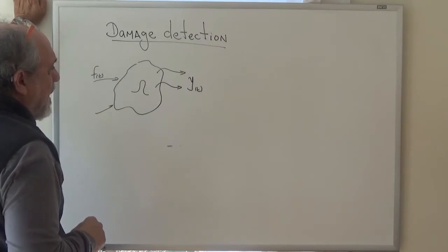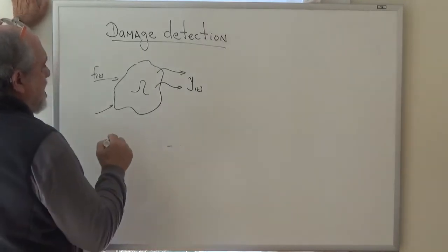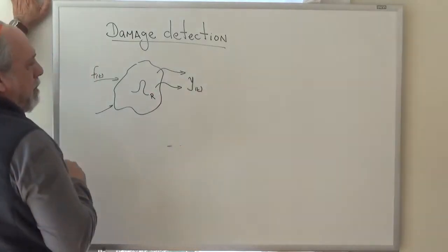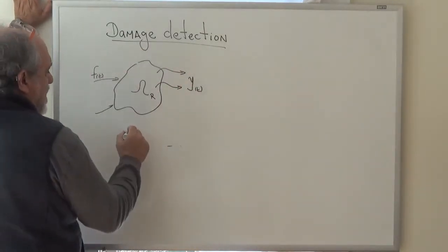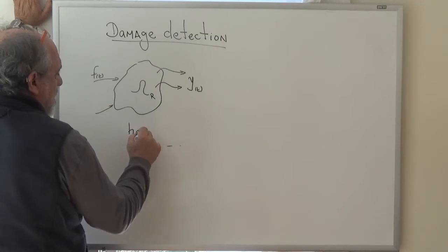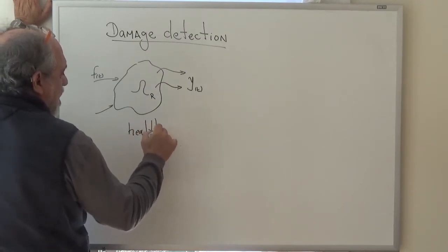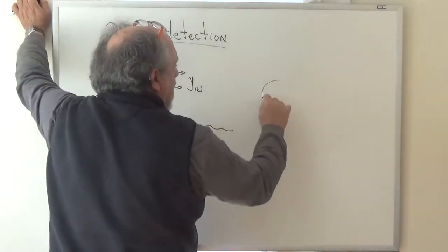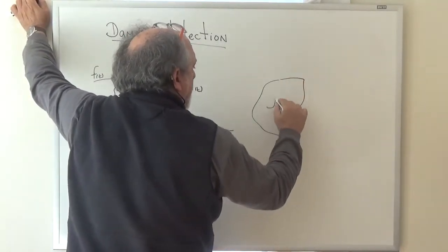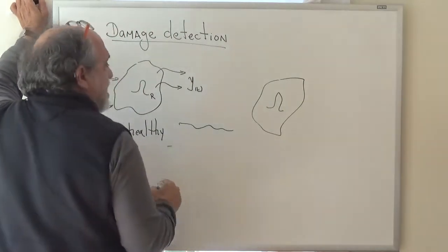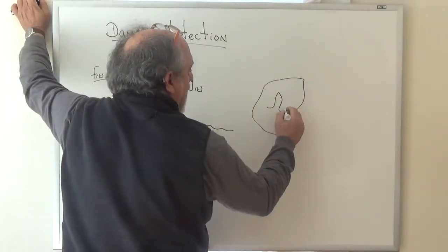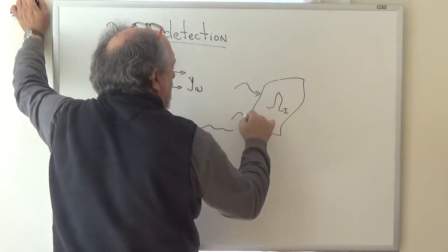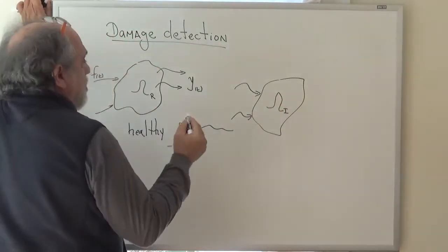And as time passes, let's say this is the reference state, when we know that the system is healthy. Now time passes and we are here at a different time, and this is omega at the time of inquiry. At the time of inquiry, the structure is subjected to another set of loads.